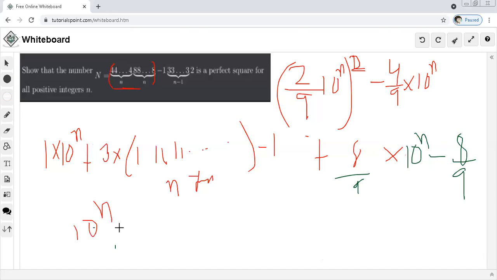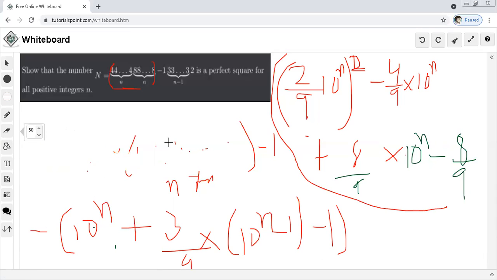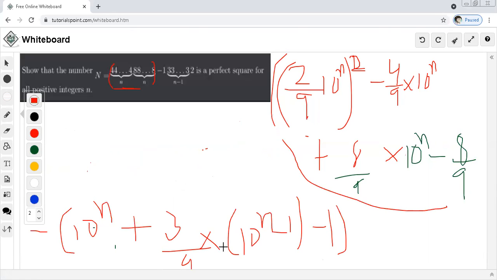So it is 10 to the power n plus 3 by 9 times (10 to the power n minus 1) minus 1. Now we have to subtract this big thing from this big thing, so we add a minus over here.